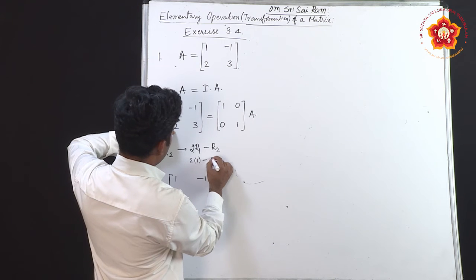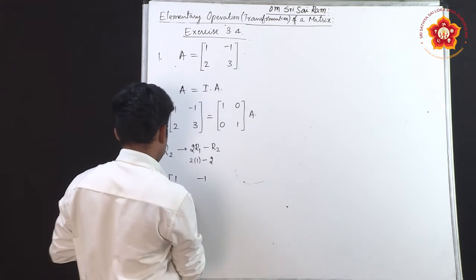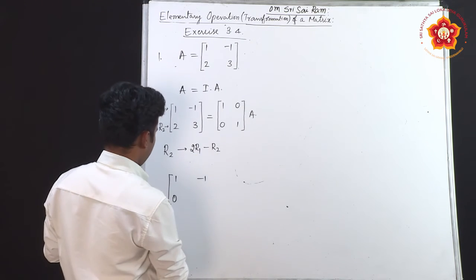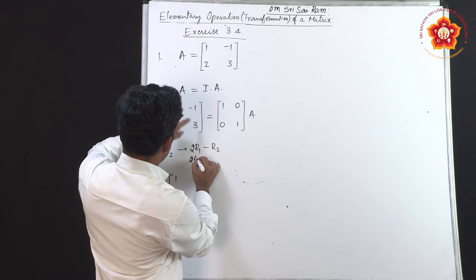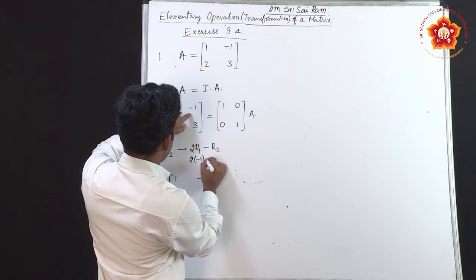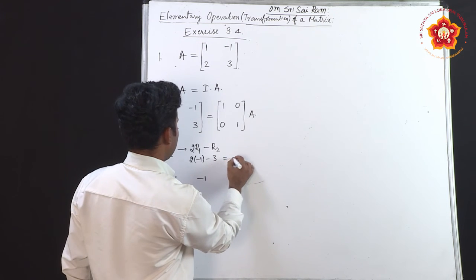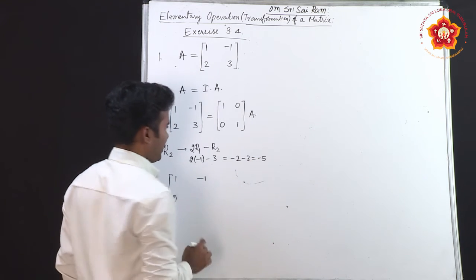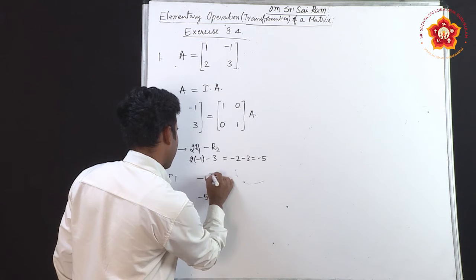What is R2 here? 2. 2 into 2, 2 into 1, 2 minus 2, it will be 0. Next, 2 times R1, what is R1 here? -1, minus R2, what is R2 here? 3. So, -2 minus 3, that is -5.